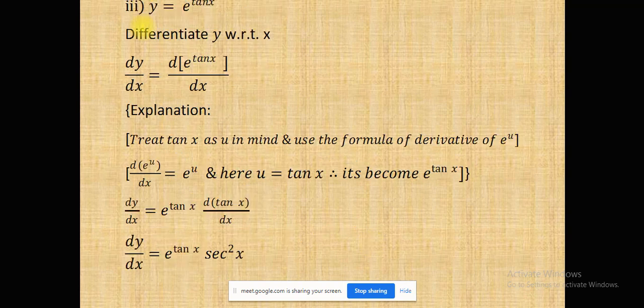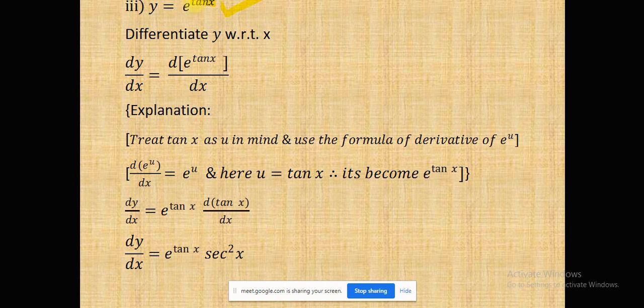Now let me take the third example. Here only the second method is used because it is easy. Let's see, e raised to tan x. What is the inner function and what is the outer function in this case? Tan x is the inner function because it is inside the e part.